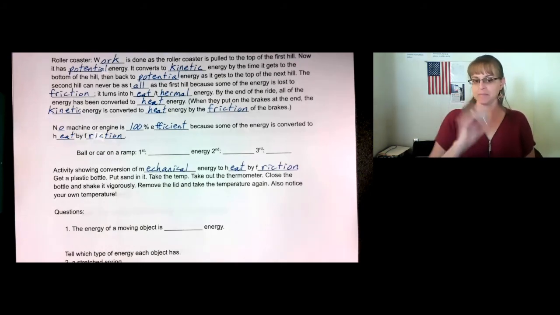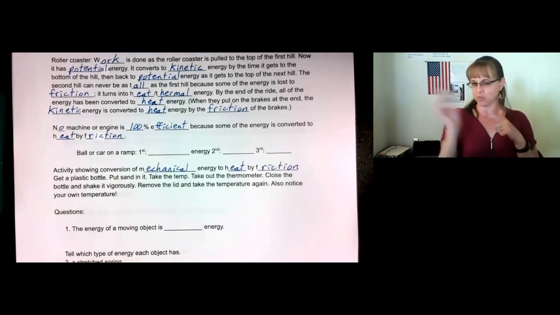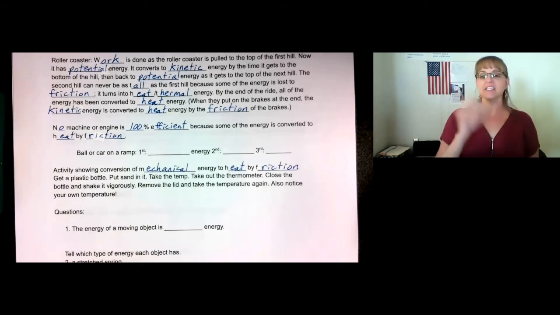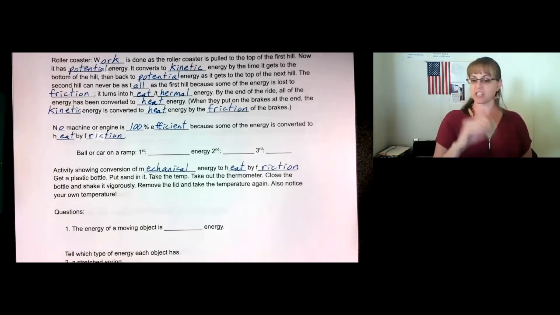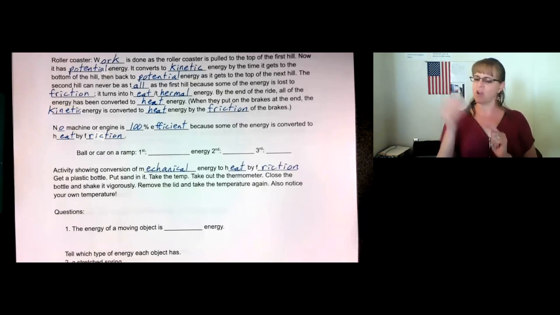What's going to happen is the mechanical energy, the potential plus kinetic energy of me shaking this sand, is going to convert the energy to heat by friction.